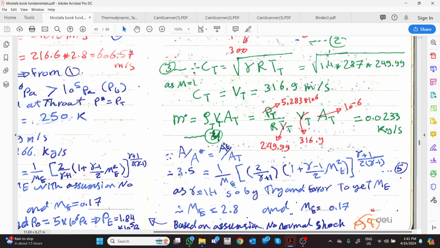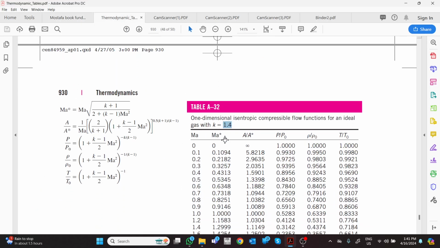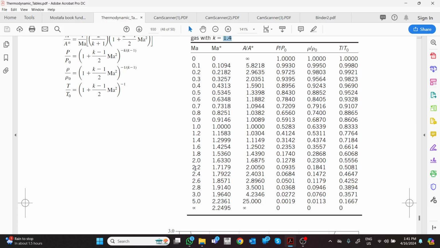Okay, what is 3.5? Go to the thermodynamic table. Yes, it is 3.5, it is almost this one. So the Mach number should be equal to 2.8, or another Mach number between these two, maybe 0.25 or something.